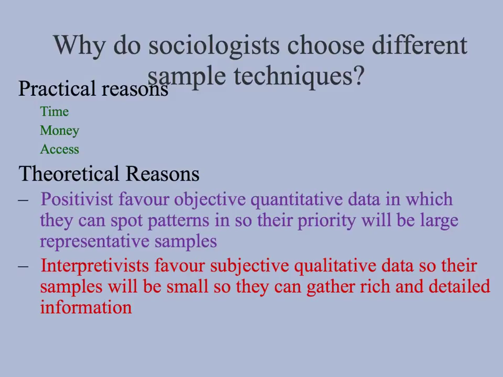However, interpretivists favour much more subjective and qualitative data, so their samples will be much smaller, so they can spend more time gathering rich and detailed information. It would be impractical to gather that level of information from a very large sample. So both practical and theoretical reasons can influence the type of sampling technique a sociologist might choose.